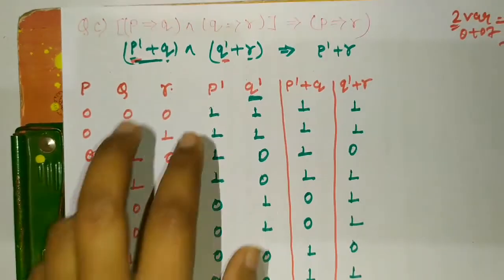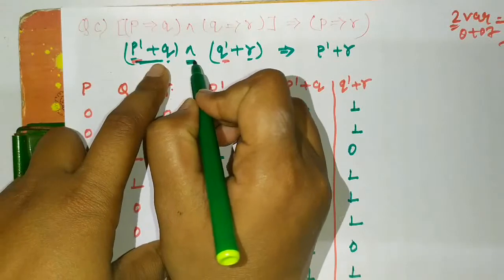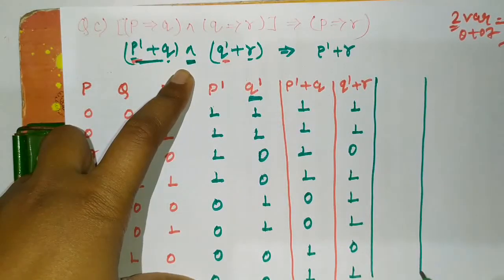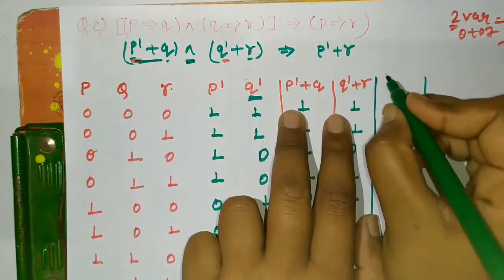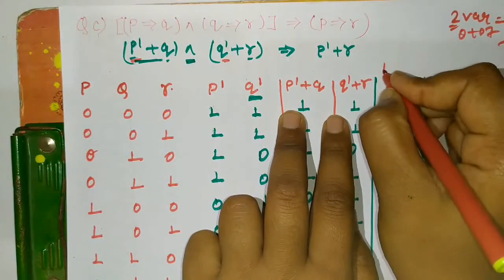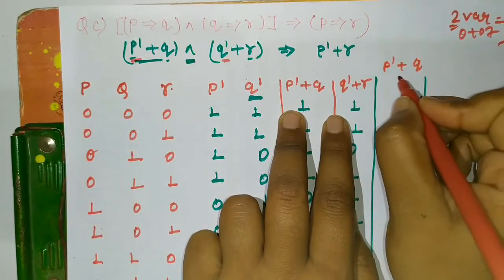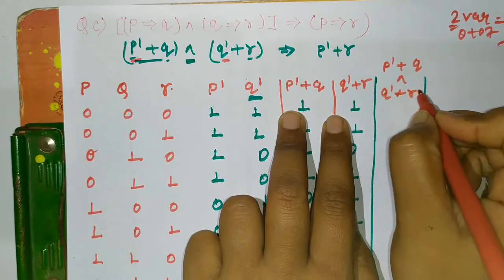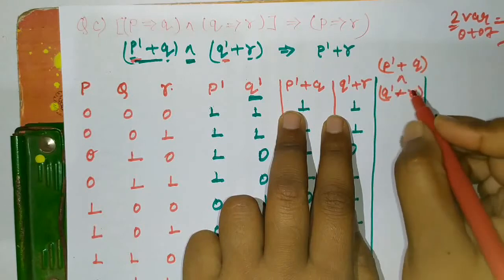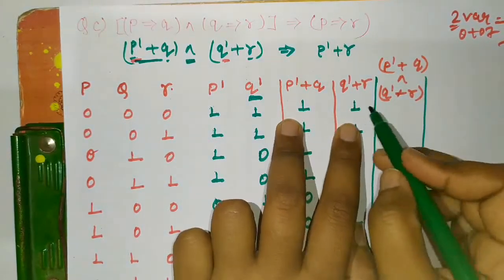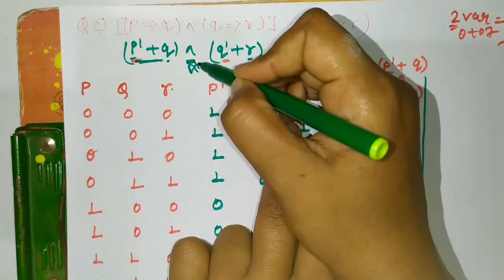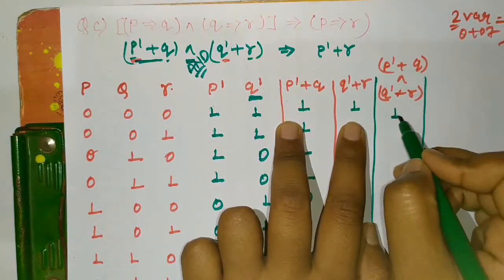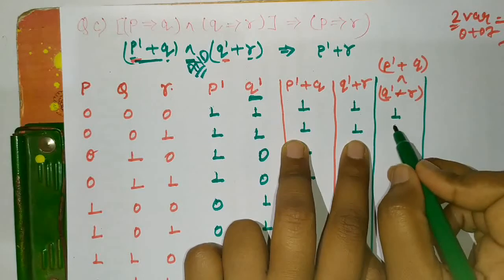Next, we have to multiply these two numbers. I have written here P dash plus Q and Q dash plus R. So multiply these two numbers because it is an AND operator. 1 into 1 is 1. 1 into 1 is again 1.